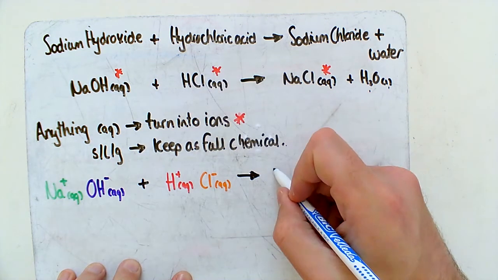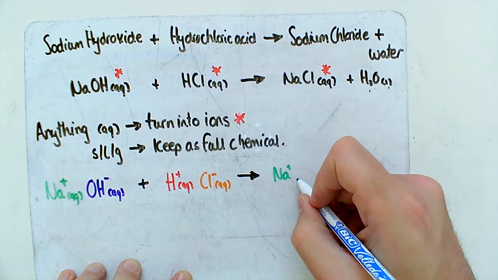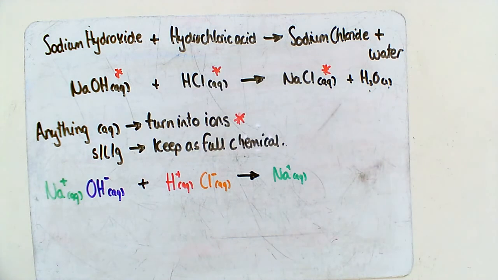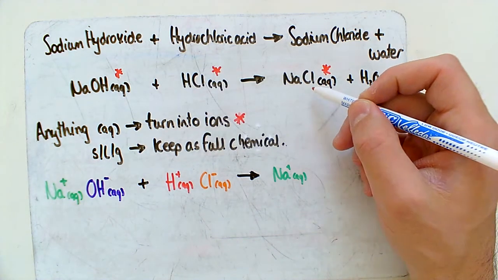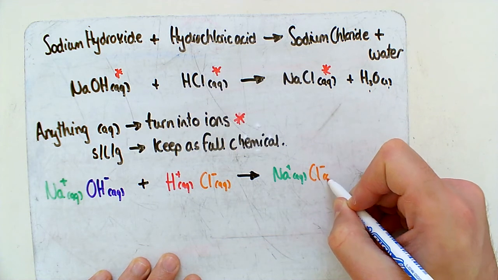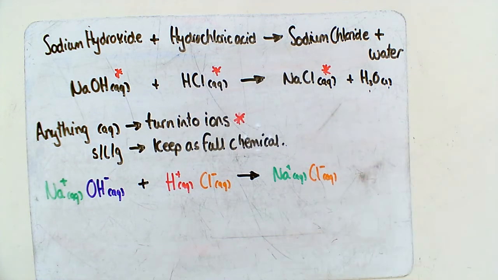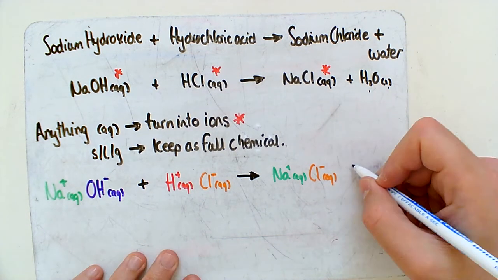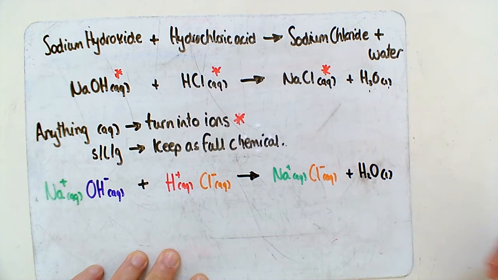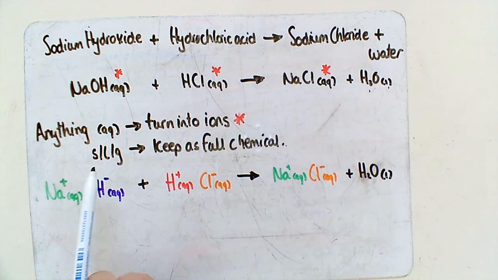Now sodium, Na plus, AQ. We've got chloride ion, AQ. And then we've got water. So we don't do anything to it because it was a solid, a liquid, or a gas. So we don't break it down.